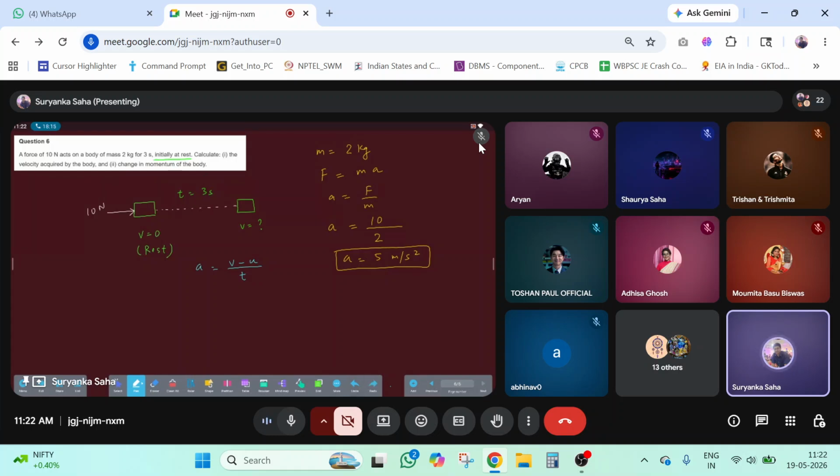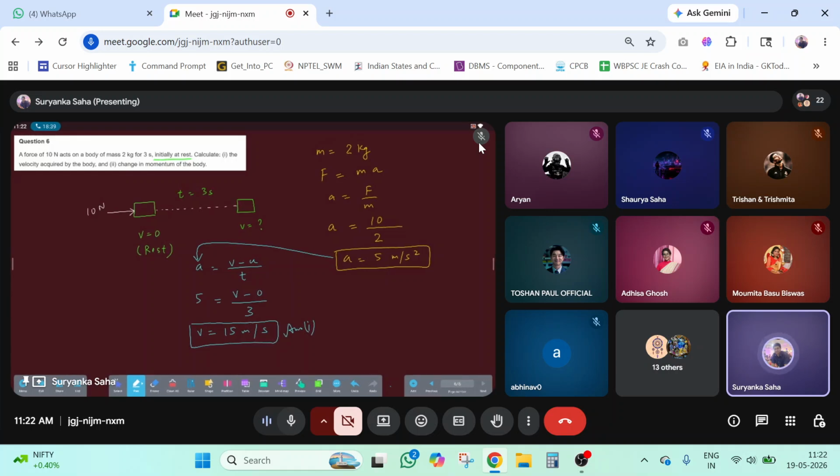So I will put acceleration as 5, which we just found. Then v, the final velocity, we are going to calculate. Initial velocity is rest, so 0, and time is 3. So v equals 15 meter per second. This is the first part answer, answer 1.